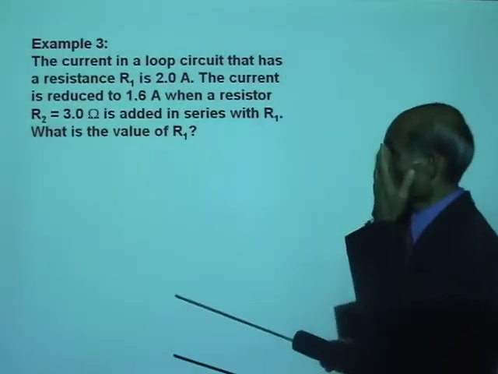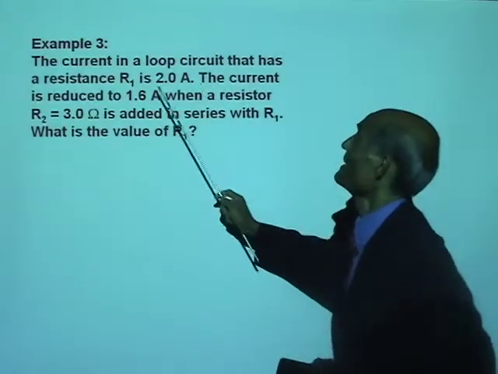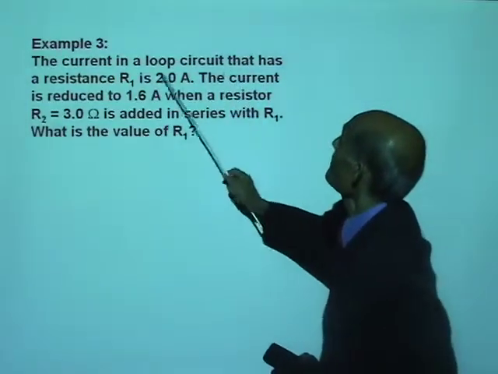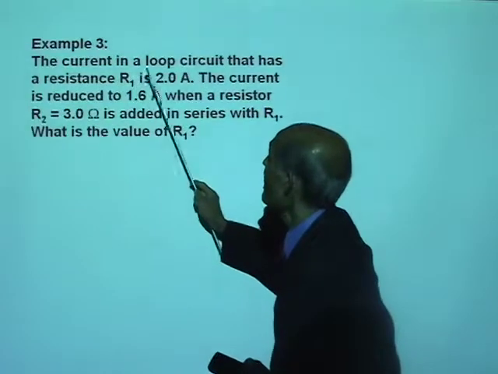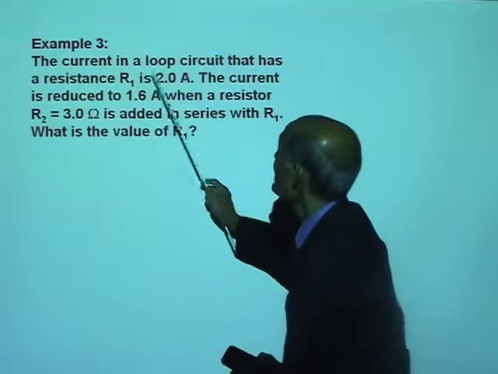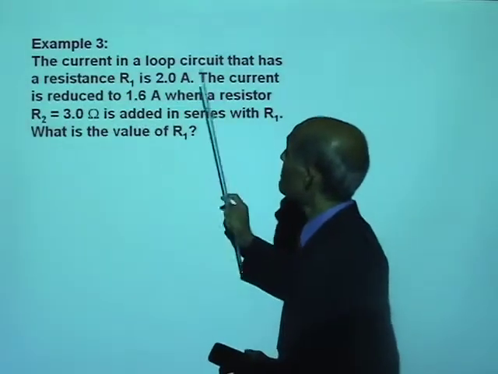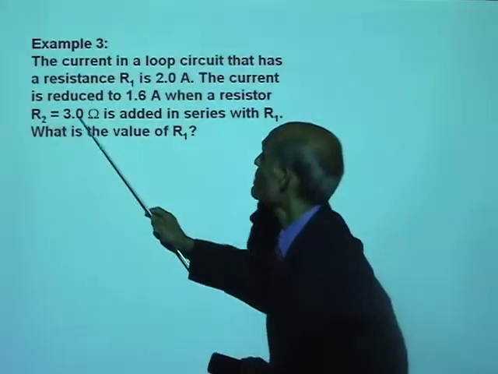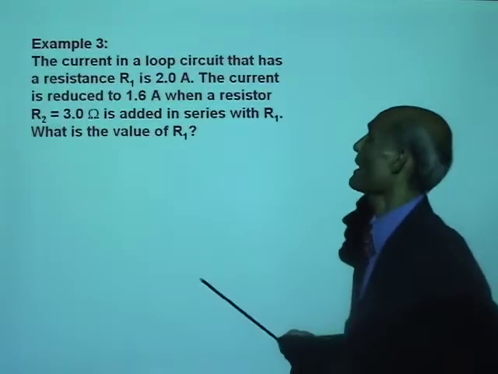Another problem. The current in a looped circuit that has a resistance R1 is 2 ampere. The current is reduced to 1.6 ampere when a resistor R2 equal to 3 ohm is added in series with R1.